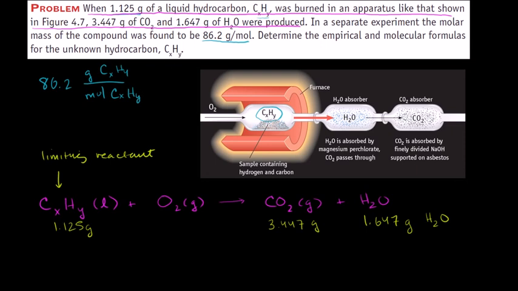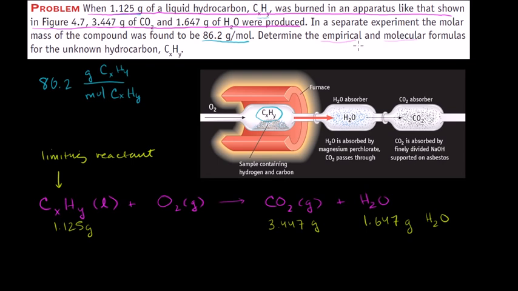Then they're asking us to determine the empirical and molecular formulas for the unknown hydrocarbon CxHy. Just as a refresher, empirical means just the simplest whole number ratio of the atoms in our molecule. So the simplest ratio of carbons to hydrogens will give us the empirical formula.